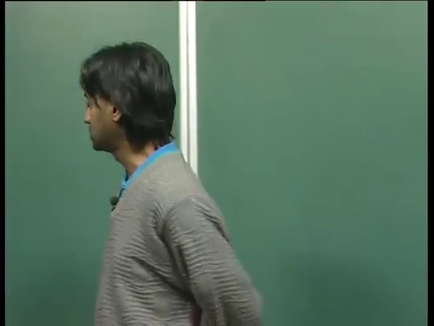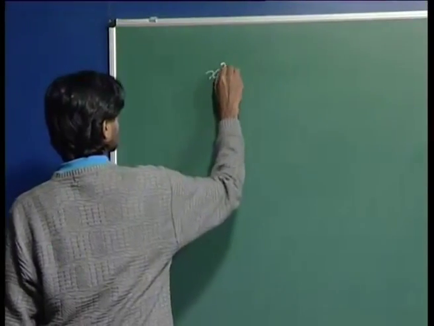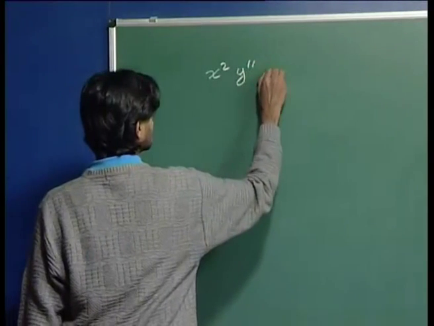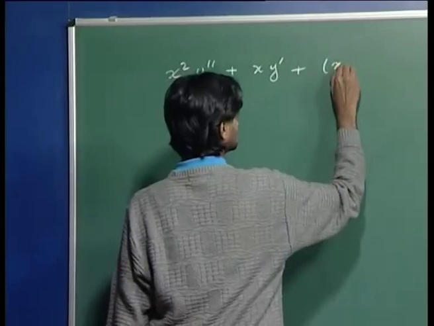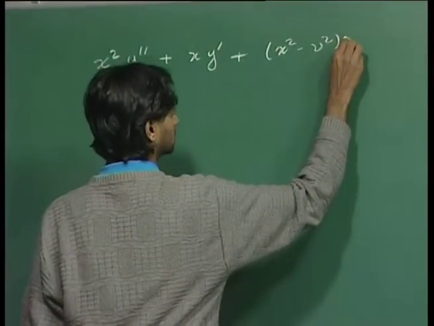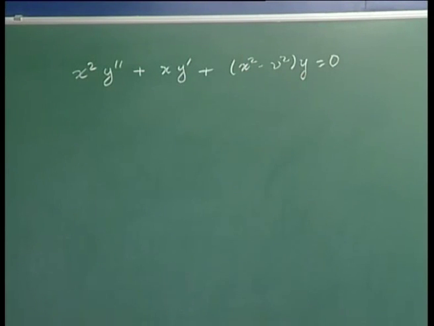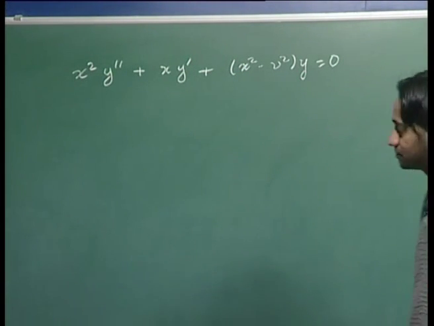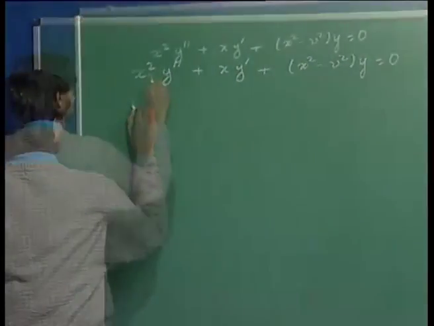Let us take the example of the differential equation x square y double prime plus x y prime plus x square minus mu square y equal to 0.